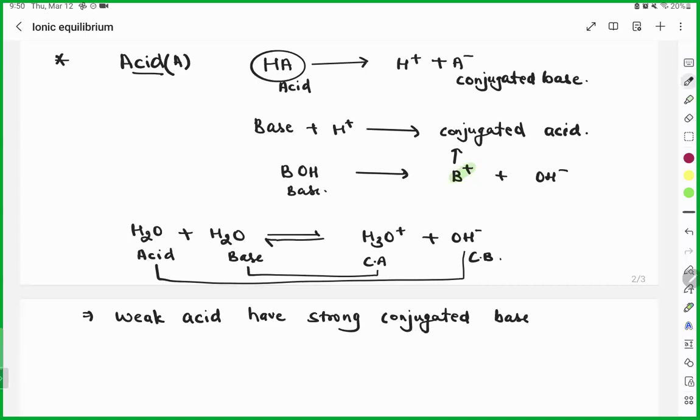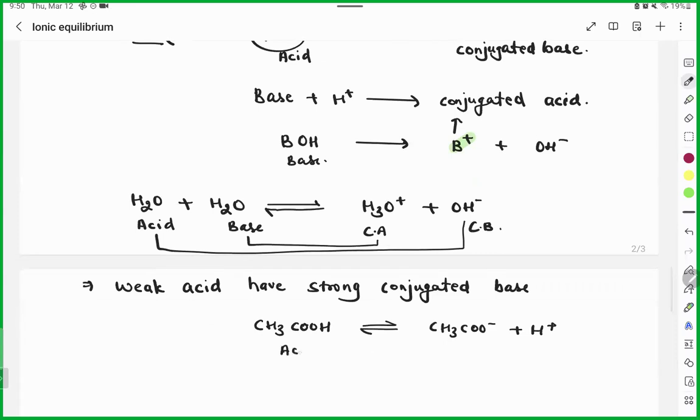Right? How? Example, if you have weak acid CH3COOH in equilibrium, it will convert into CH3COO negative and H positive. We know this is an acid and this one is a weak acid. So it will form a very strong conjugate base. How do we know? After releasing H positive ion, it wants to accept H positive ion at any cost. So anything that accepts H positive ion is a base, a strong base, correct?